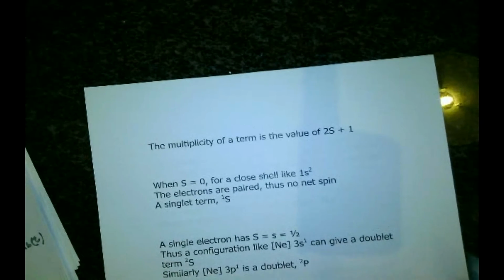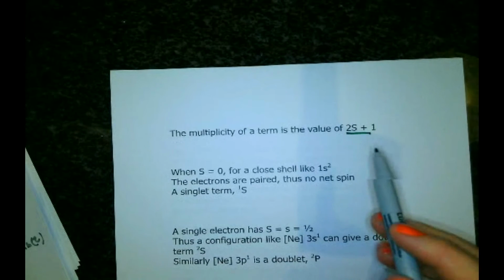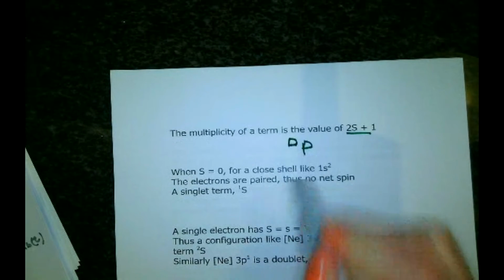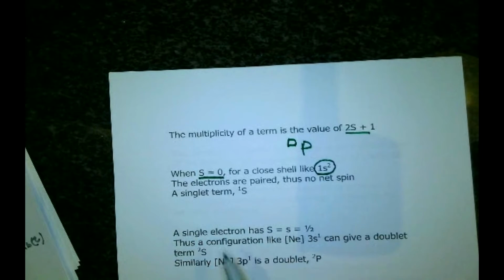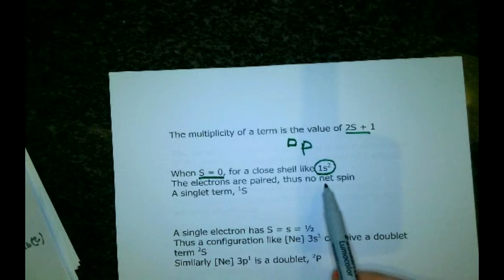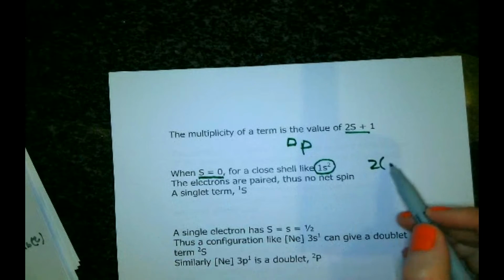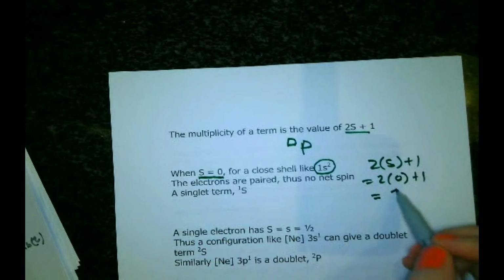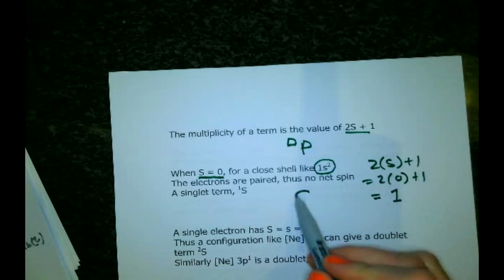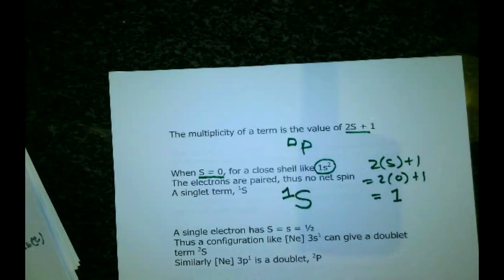So the multiplicity of a term is the value 2S plus 1, which you write there. So when S is 0, for a closed shell like that, all the electrons are paired, so there's no net spin, and 2 times S plus 1 is 2 times 0 plus 1, which is equal to 1. So you put a 1 next to the symbol.